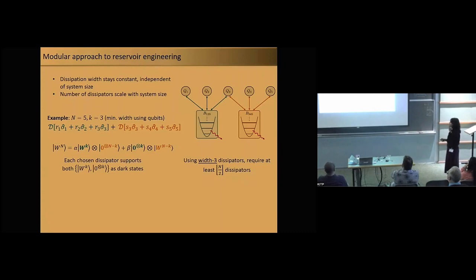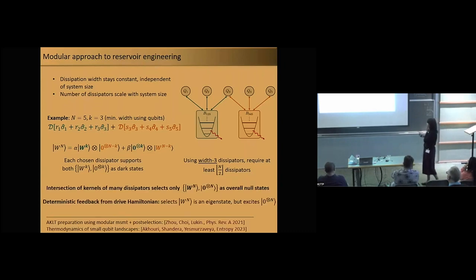of these qubits. So the idea is the following: if you purify smaller subsystems using modular dissipation of constant width and then make them intersect using these stitching qubits, you will get the n-qubit W state and the joint ground state as the overall null states of the full system.